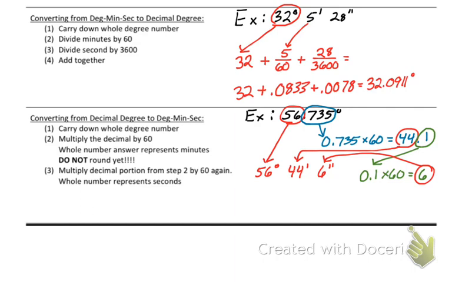Obviously, if the minutes come out to something like 44.1773355555511, you're going to round that. But this one you're going to round to the nearest whole number. So if this was 6.9, you round it up to 7. Generally, these are all whole numbers. Just make sure you read the question carefully because it will say what to round to. If I don't say anything, I just want whole numbers for all 3 of those.